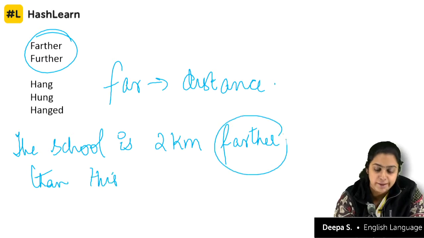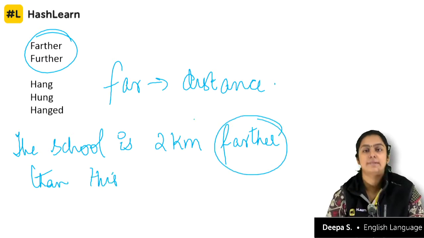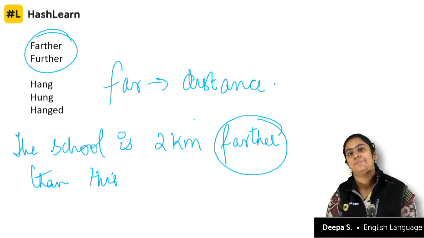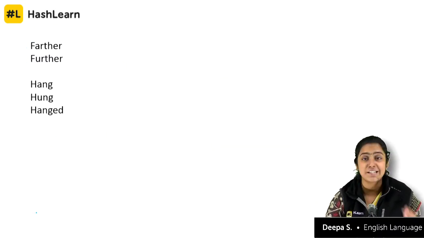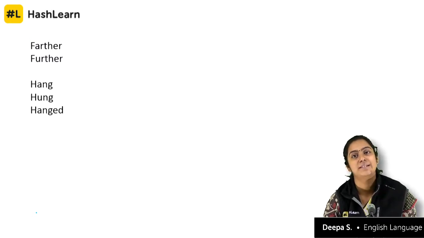So this is strictly to do with physical distance. You can measure the distance. But further means farther, but not the physical distance. I would like to work further to achieve my dreams.